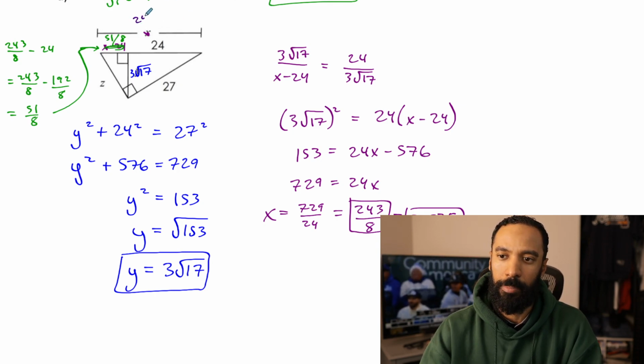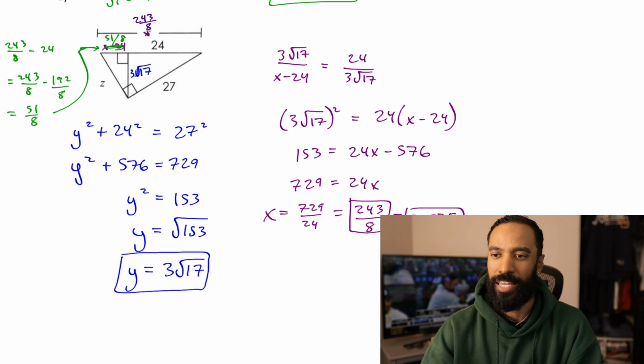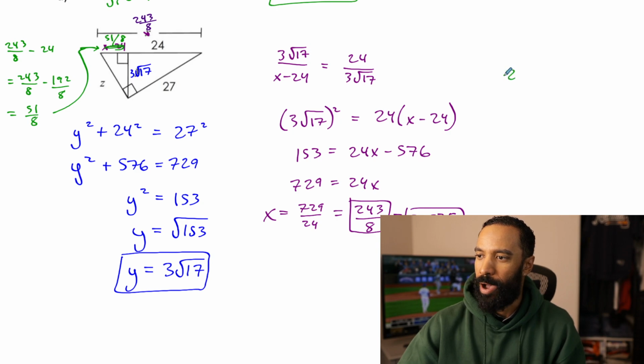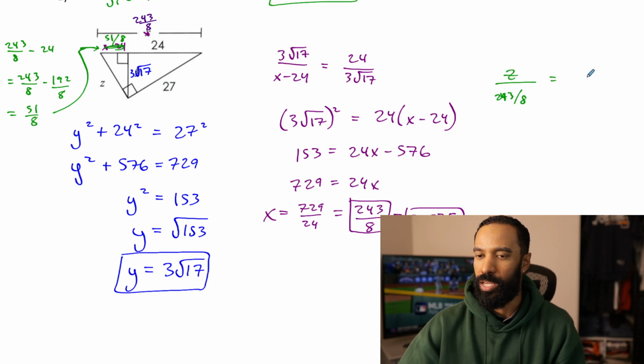So let's set up a proportion with that in mind. Hypotenuse of the small over the hypotenuse of the big equals the short leg of the small over the short leg of the big. And that's z.